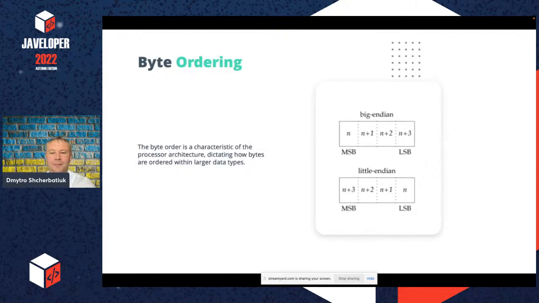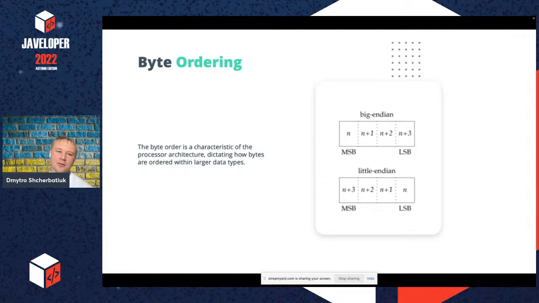One more thing regarding sockets is byte ordering. When we exchange data between client and server, in general there are different processor architectures, and processors can read bytes in different orderings.